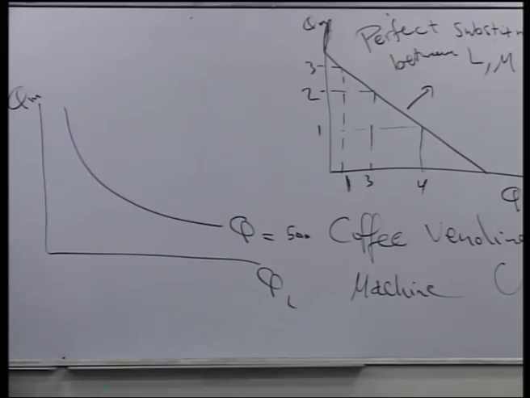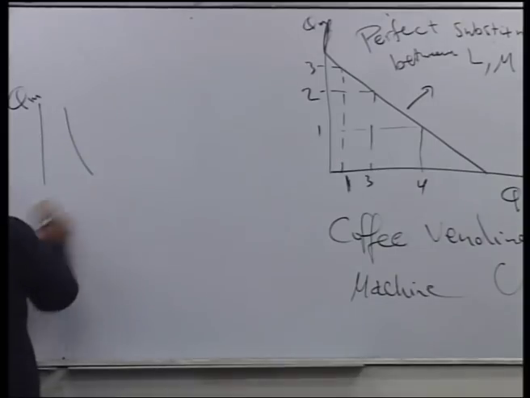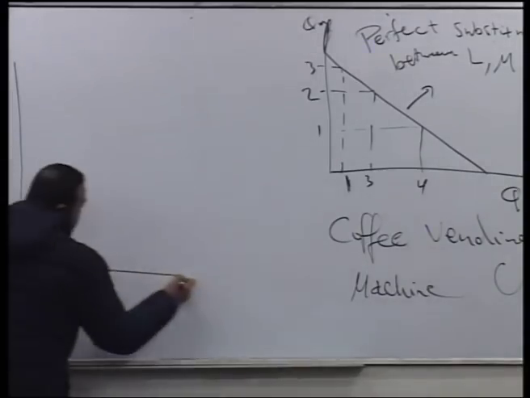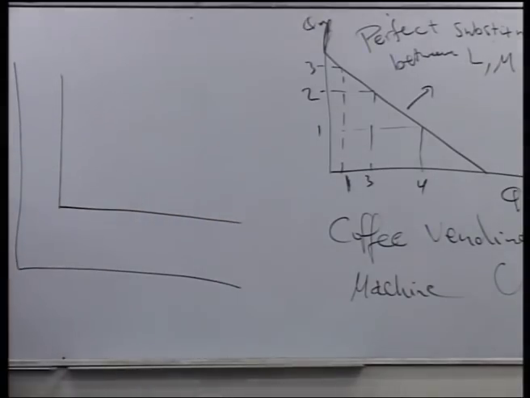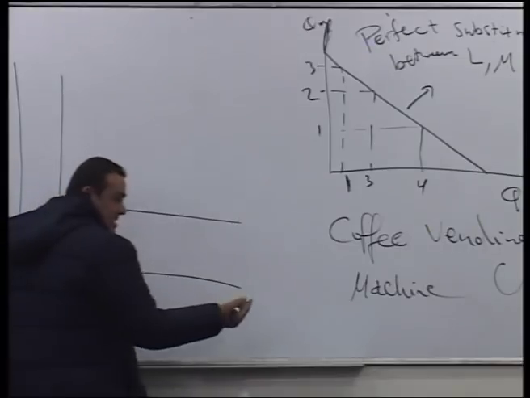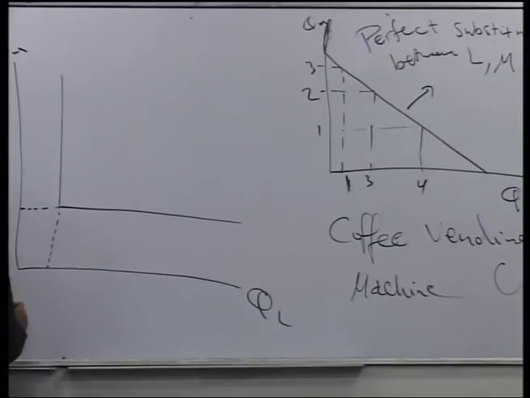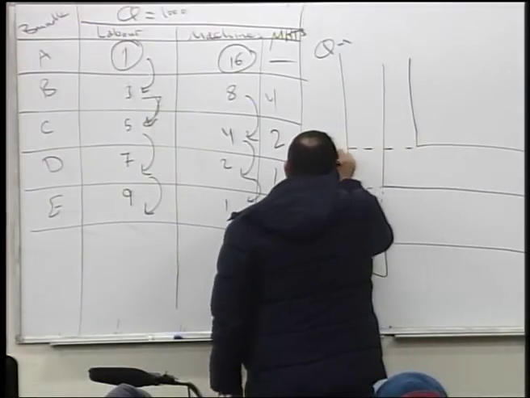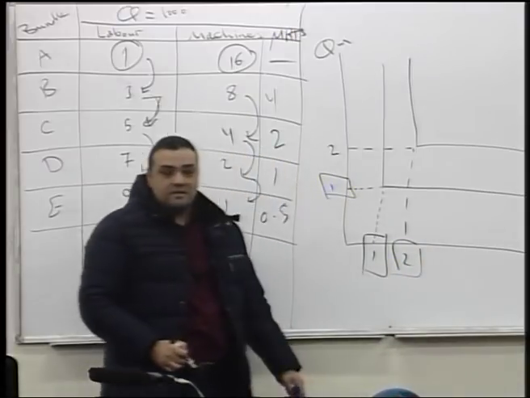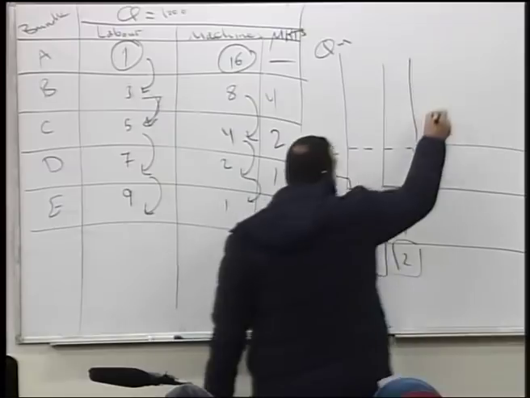Sometimes we can see that the isoquant curve is like an L. The same, identical here: quantity of L and quantity of M. Here, labor and machines are complements, which means one car needs one driver and two cars need two drivers, two workers.